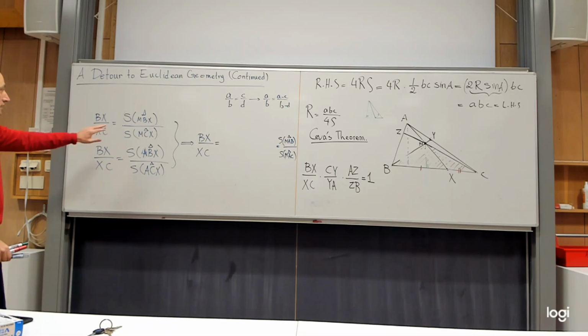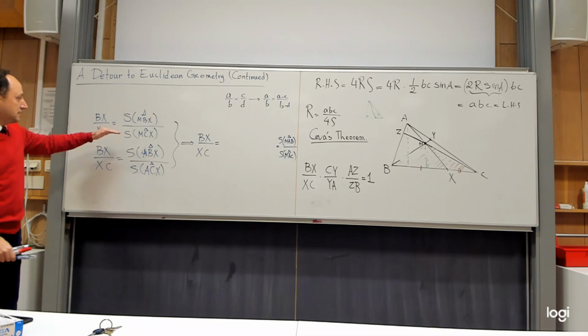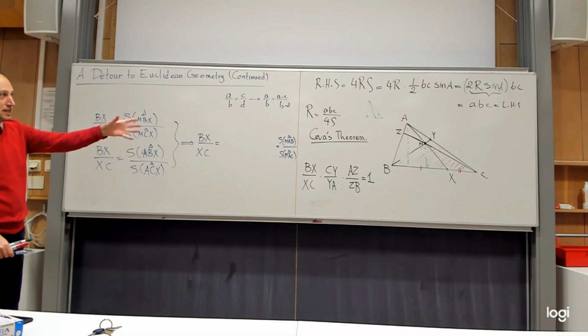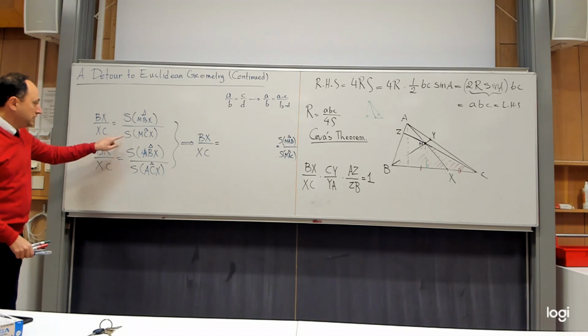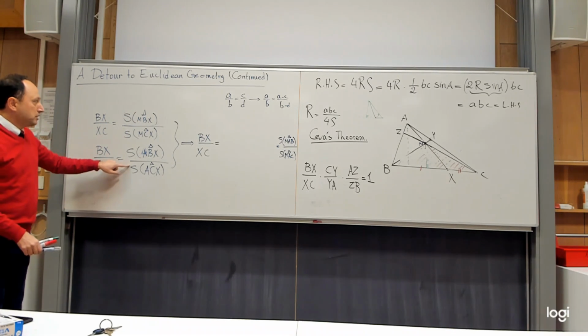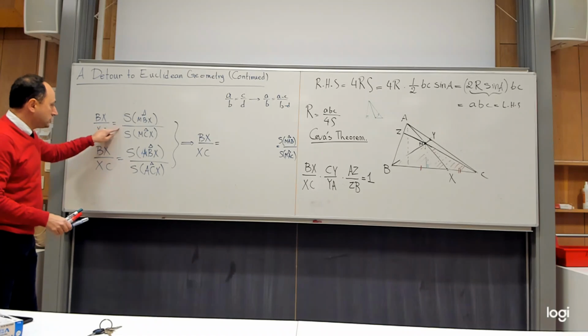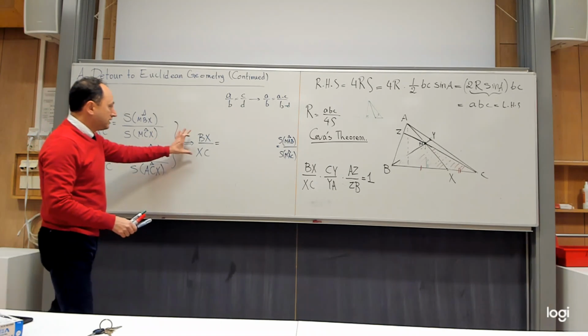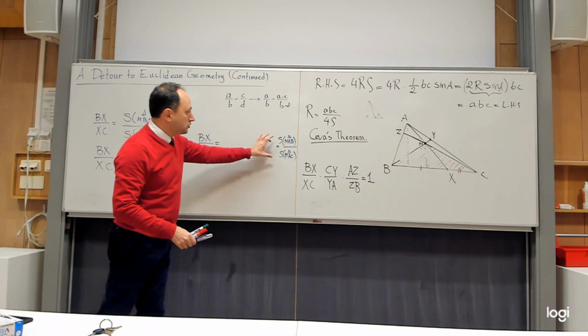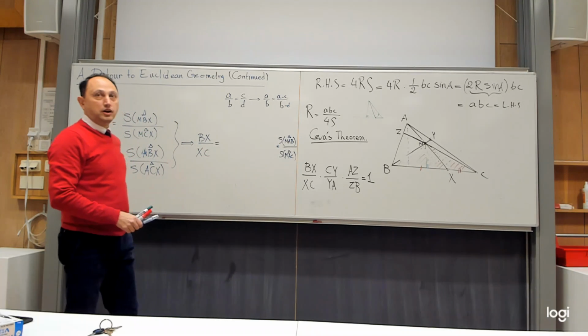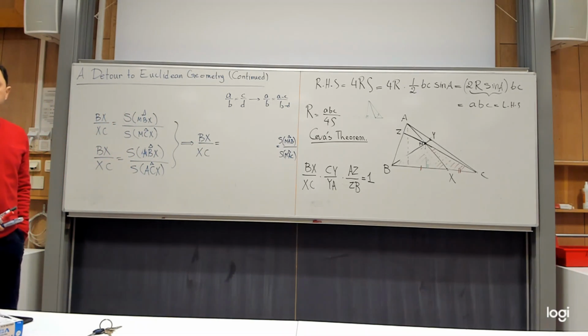I used the same concept, the same idea for here and here. But now I am claiming that if this is true and this is true, this one also becomes equal to the ratio of these two triangles. Why is that?